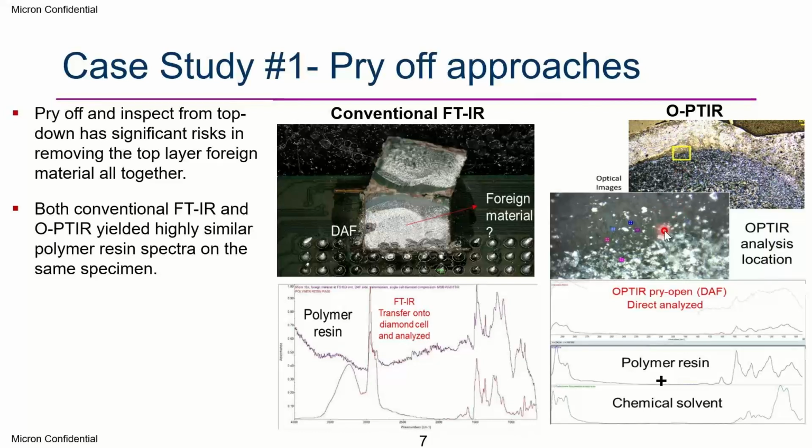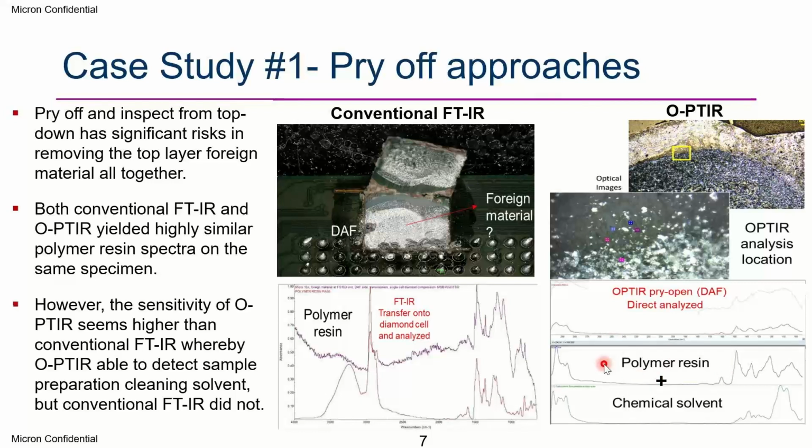The spot size is only 500 nanometers, so we need to do a few points to see how repeatable the data is. The data is repeatable, and we found a polymer resin mixed together with a chemical solvent. So with conventional FTIR we see polymer resin, and with OPTR we also see polymer resin.